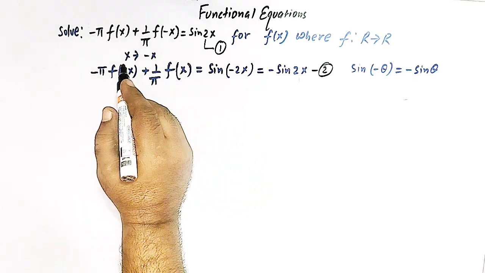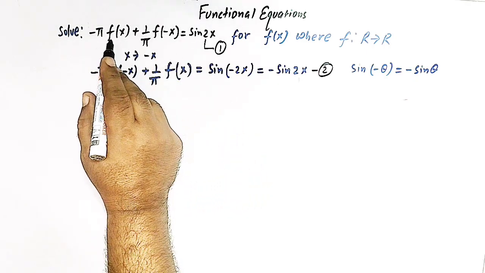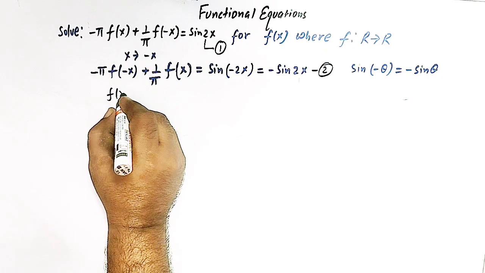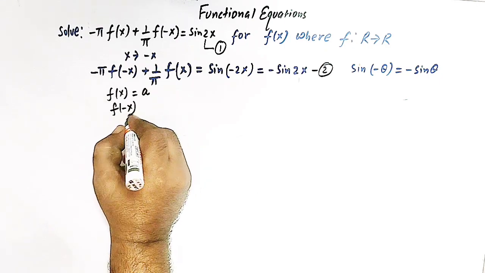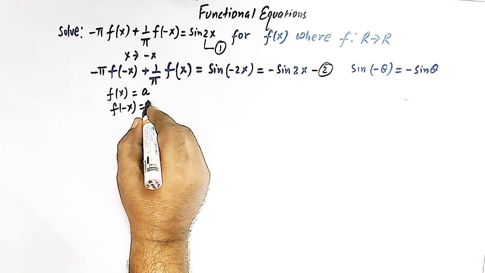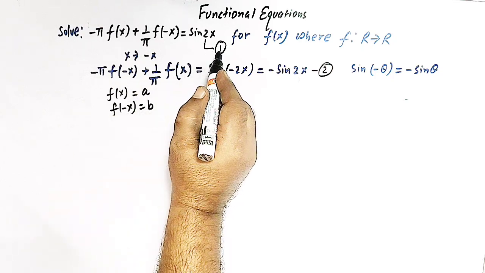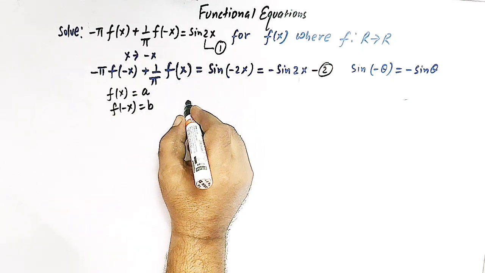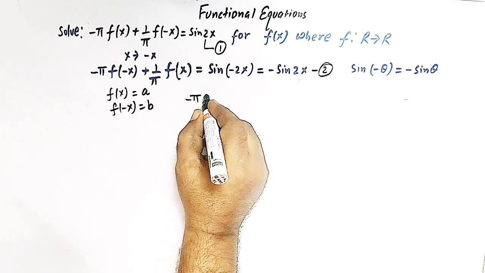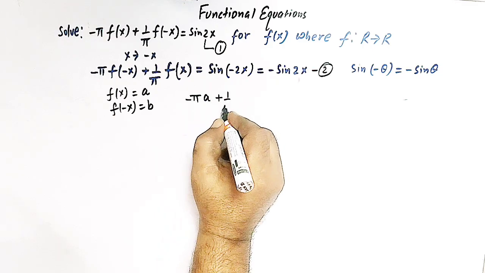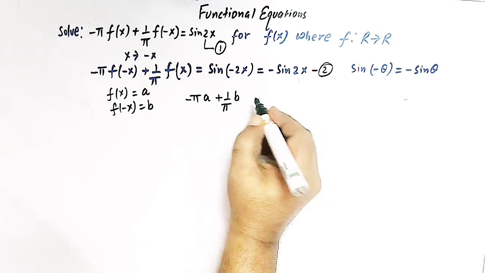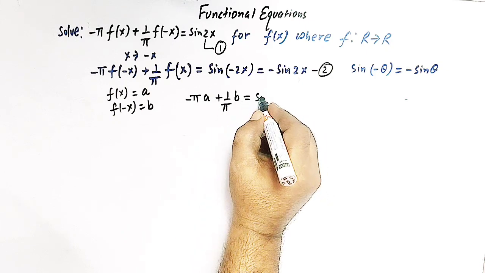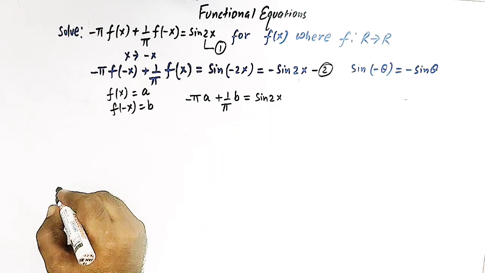Now for simplicity, let us replace f of x by a and f of minus x by b. So equation 1 assumes the form minus pi a plus 1 over pi b equals sine 2x.